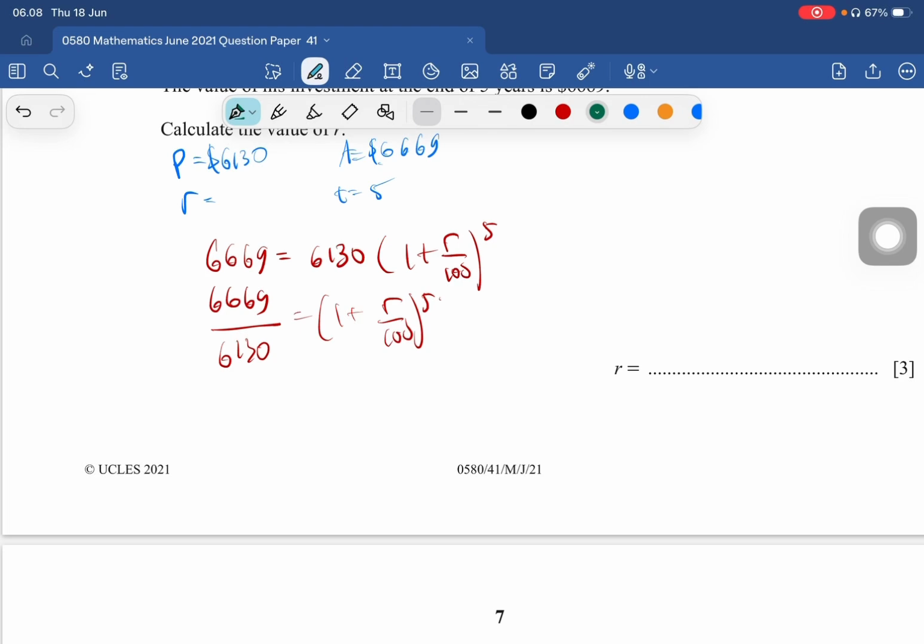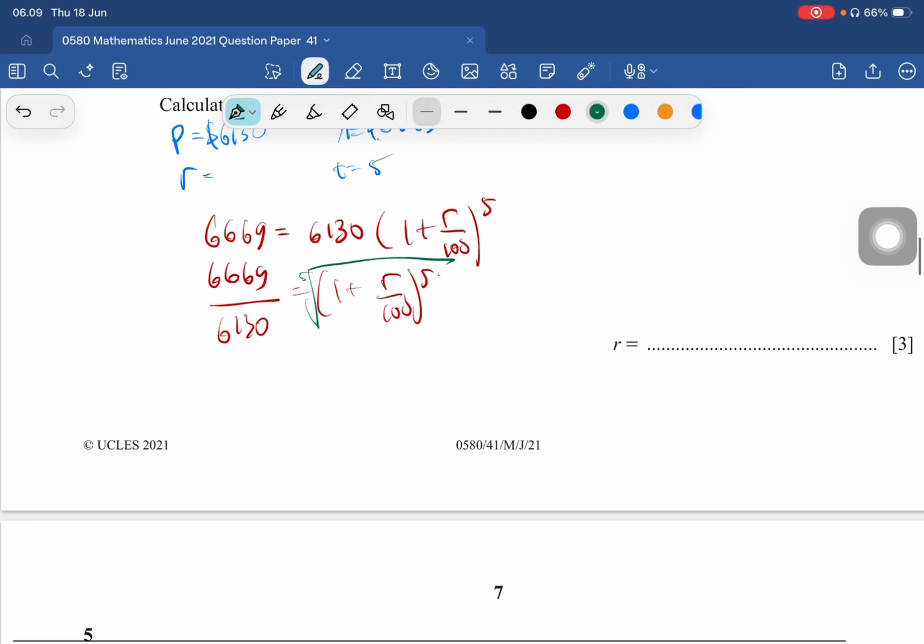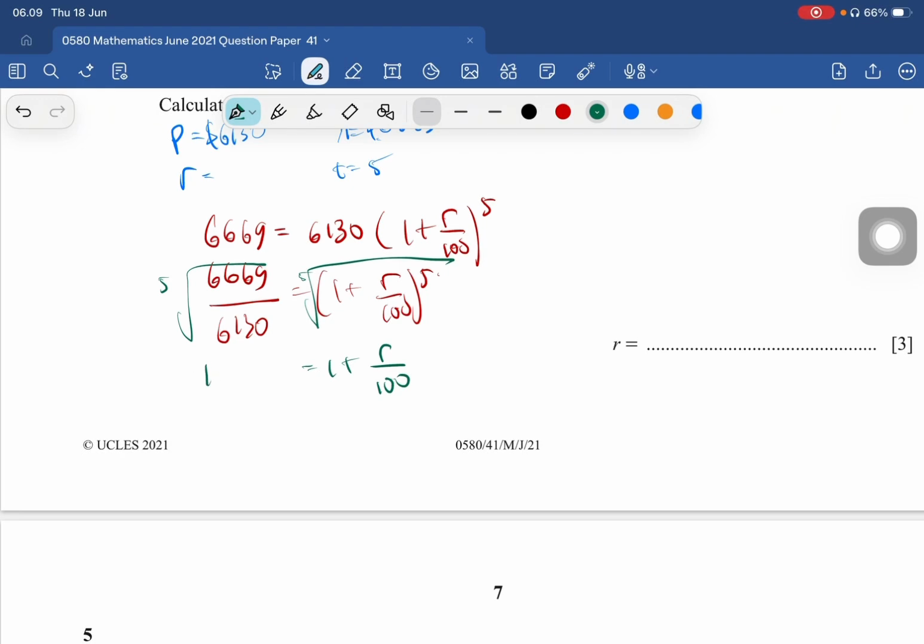Both sides we raise to the power of 1 over 5. So here 1 plus R over 100 is 1.016998.